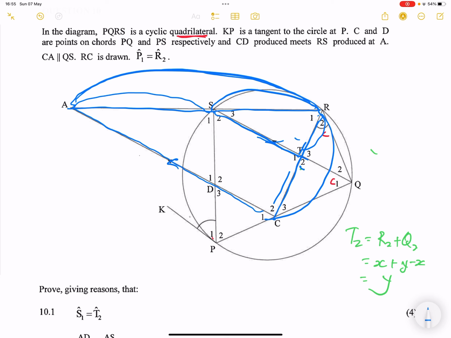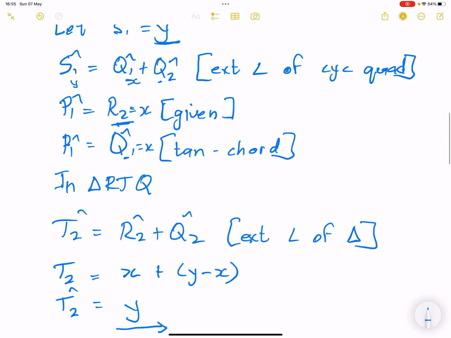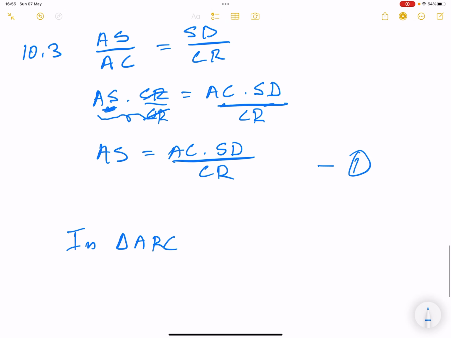In this case, that would be equal to CT over CR. Now let me erase so that you can see what I'm talking about. So all I'm saying is AS over AR would be equal to CT over CR. Remember that CR is there again, as well as that AS again.